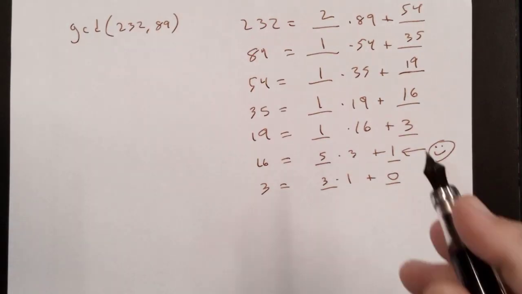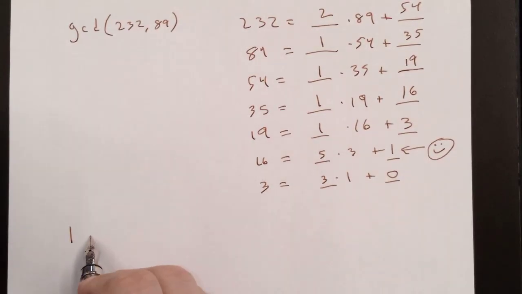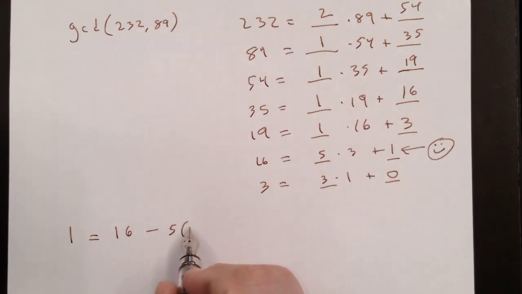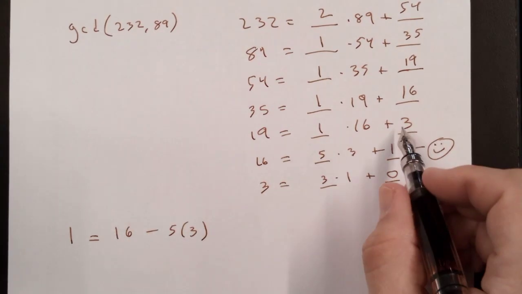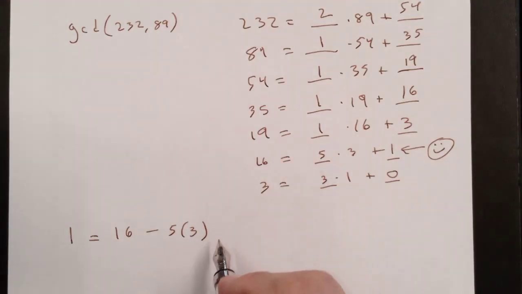So here, 1 is 16 minus 5 threes. Now use the line above that. 3 is 19 minus 16.